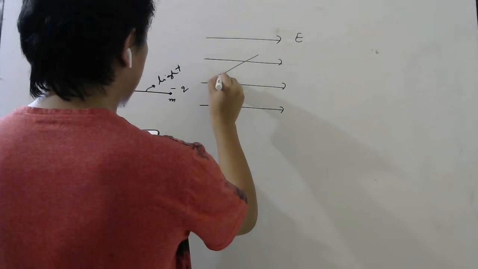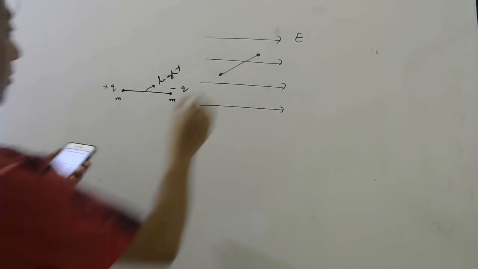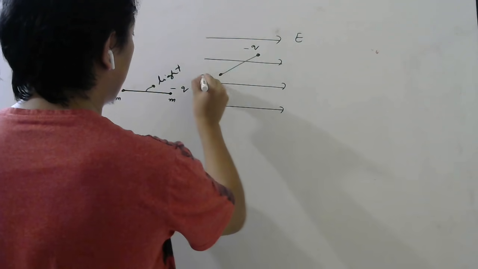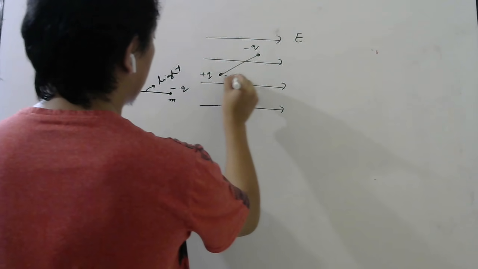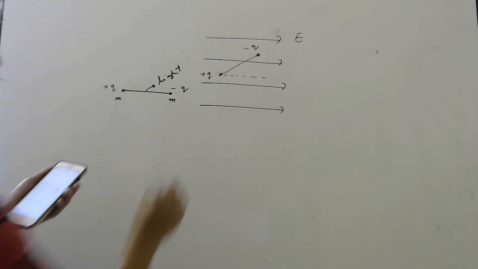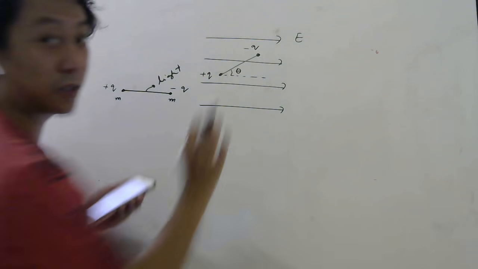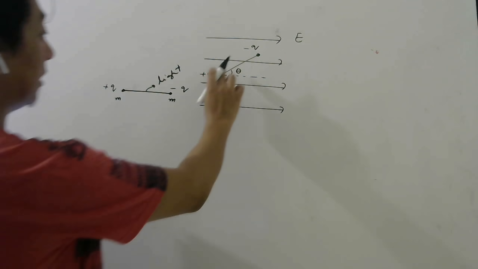So they have kept the dipole somewhat like this. So the minus q should be here, according to the question. In the diagram they have written plus q here, so we have to slightly change. And this angle they have given theta. And this angle is very small, they are saying.